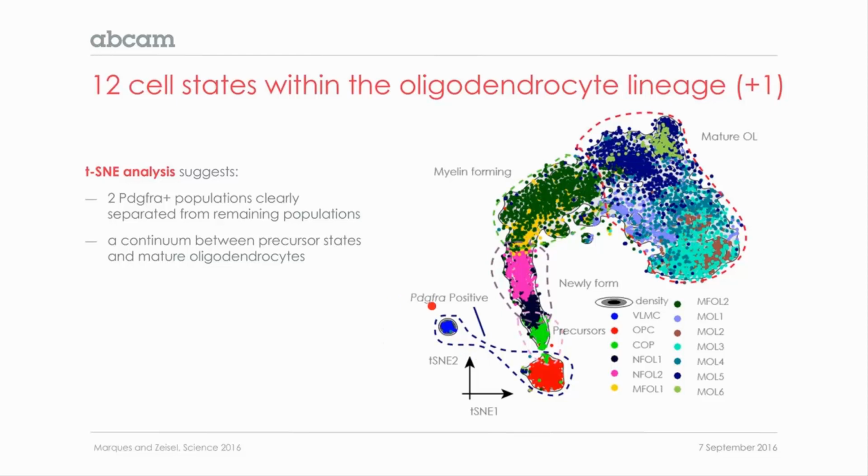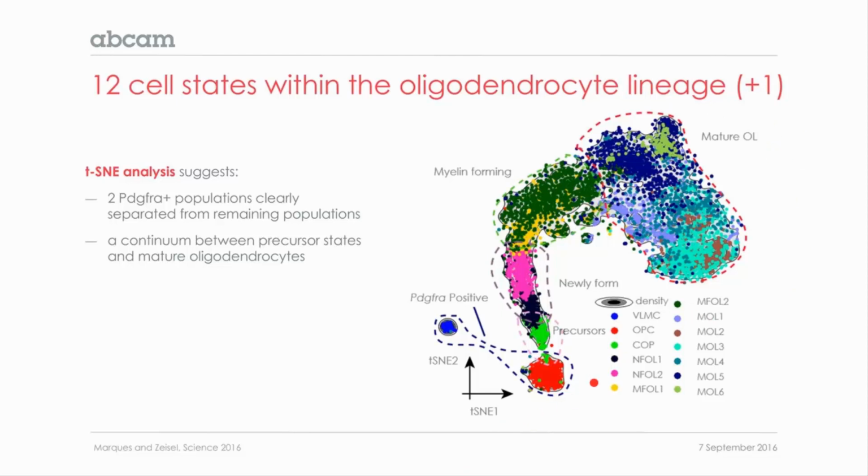These VLMCs, which do not belong to the oligodendrocyte lineage, are separate, but so are the oligodendrocyte precursor cells. And then we have a continuum of cells of the oligodendrocyte lineage, starting with precursor cells, newly formed oligodendrocytes, myelin-forming, and then at the end we have the 6 mature oligodendrocyte populations.